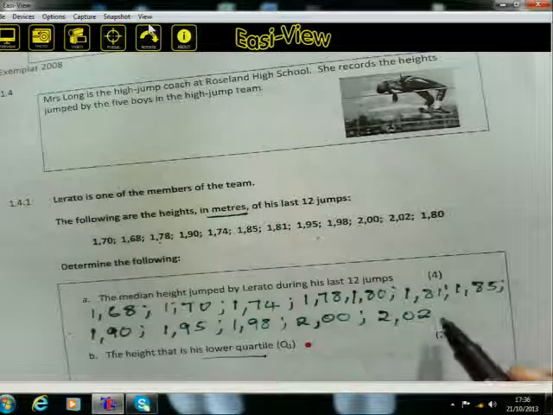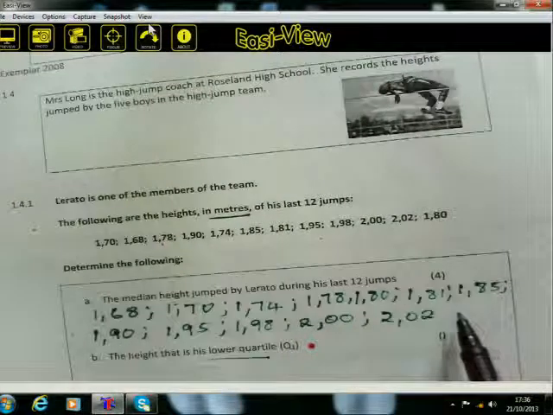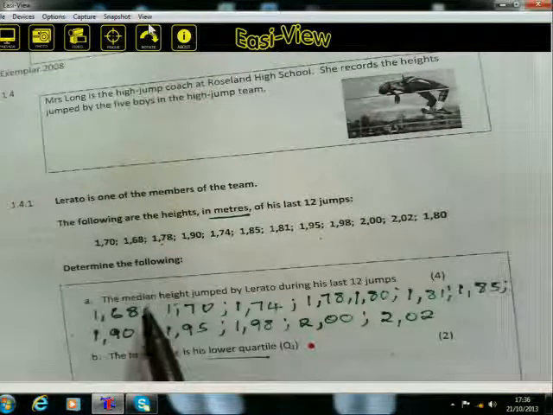I mean 2.02. So this is the rearranged data before you can determine your median.